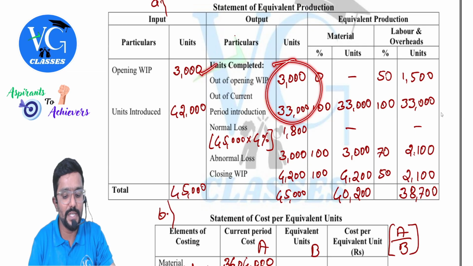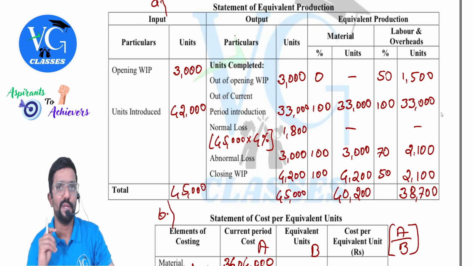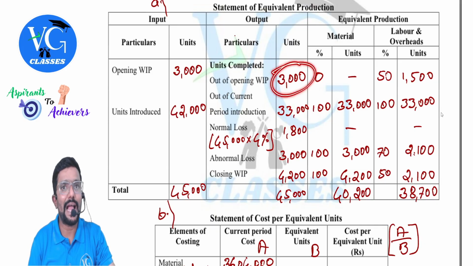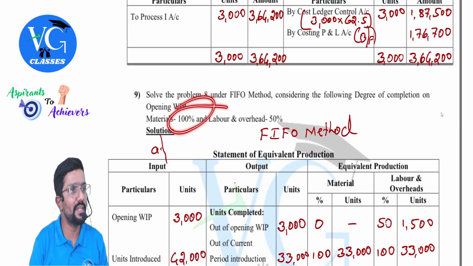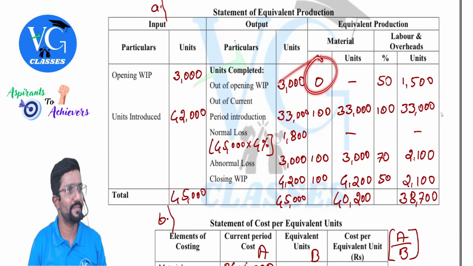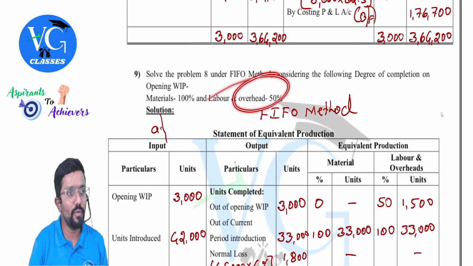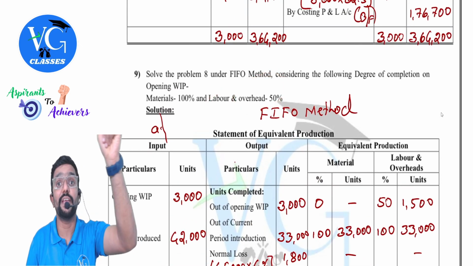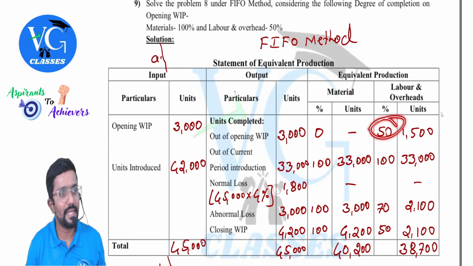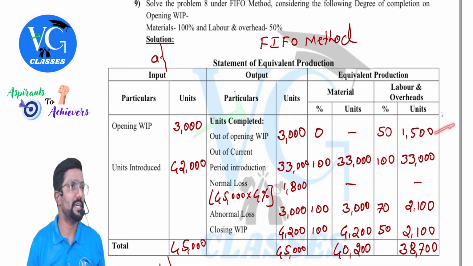Out of that, 3,000 is from here, remaining 33,000 is from here. Hope you understood. Okay. On this 3,000, am I doing 100% work now? No. Sir, with respect to material, already everything is done. So 0% work. With respect to labor and overhead, 50% is already done. What is remaining? Another 50%. So we need to take only that.